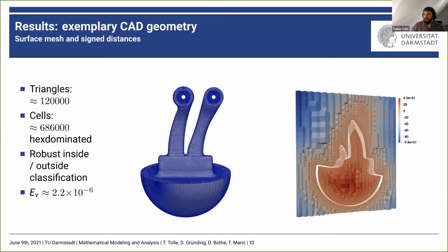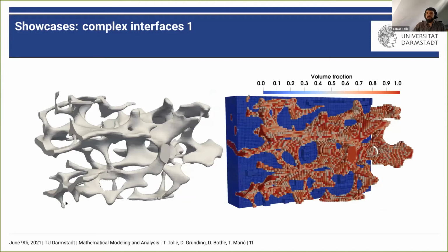Some further showcases of even more complex surfaces. For example, we have here the surface mesh of something which could be a porous medium. And on the right-hand side, the volume fractions that have been calculated from this. We can see the resemblance of this volume fraction field and the original surface.